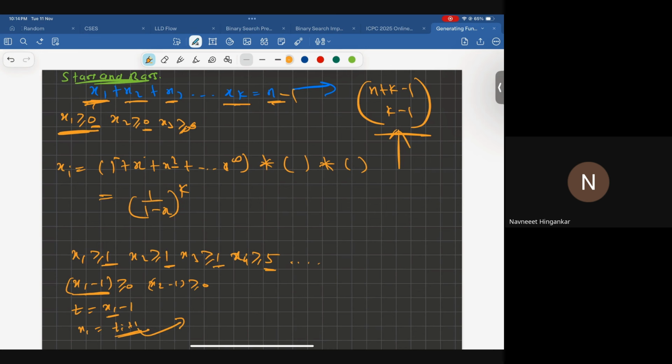All the summation then becomes t1 plus t2 plus t3 up to tk equals n minus the sum of these, like 1 plus 1 plus 1 minus 5, or something like this.